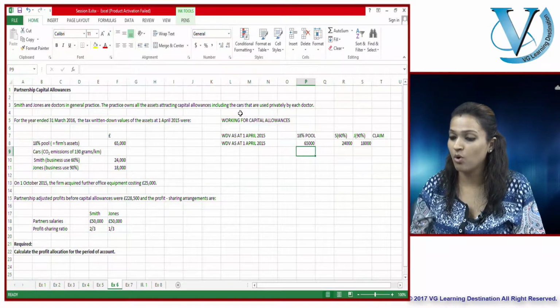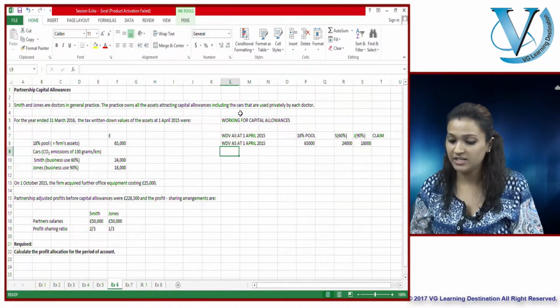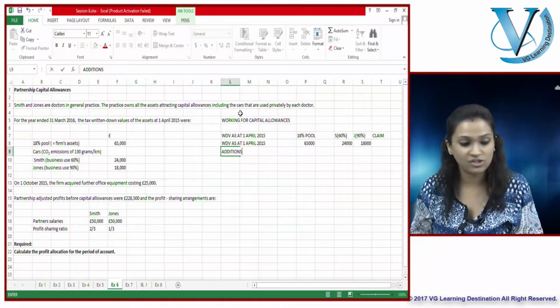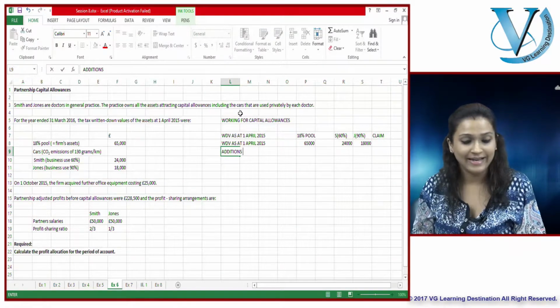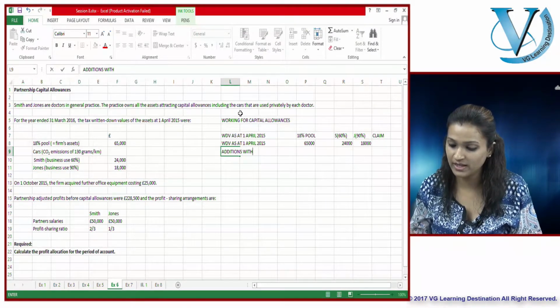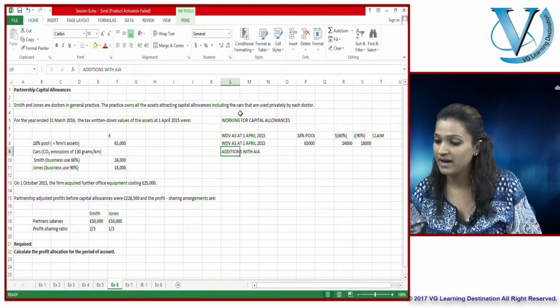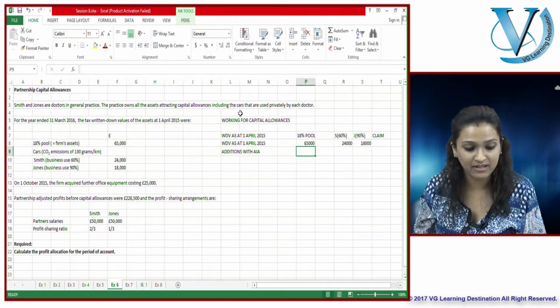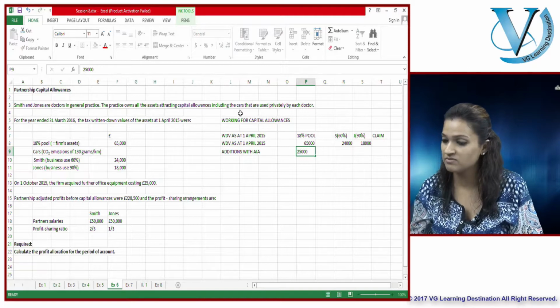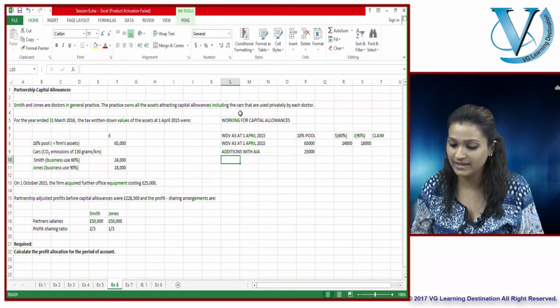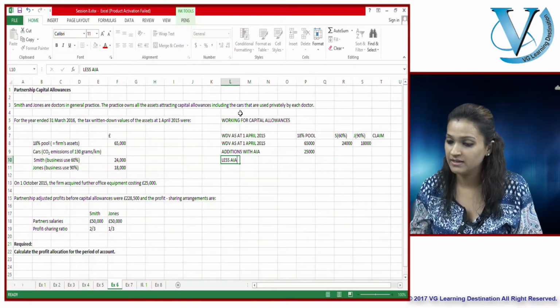Up next, I'm going to always start off with the additions made. So these additions are eligible for capital allowances. So additions with AIA. In my 18% pool, I add my addition of 25,000 pounds. It is with AIA, so I give AIA.